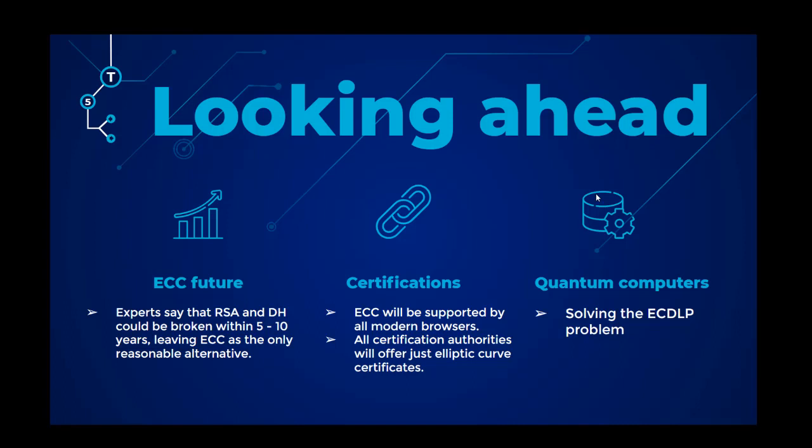It will be supported by all modern browsers, and all certificate authorities will offer just elliptic curve certification. And the most promising thing about elliptic curve cryptography is that quantum computers will be the key element for solving the ECDLP problem. So this is all about our subject, which is elliptic curve cryptography.